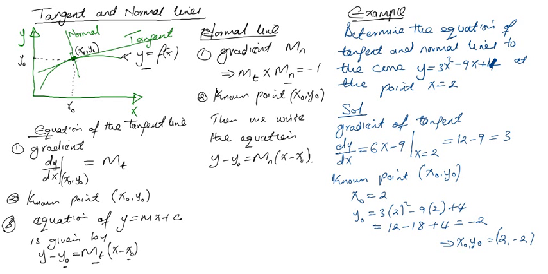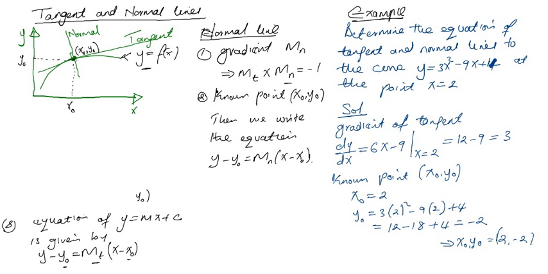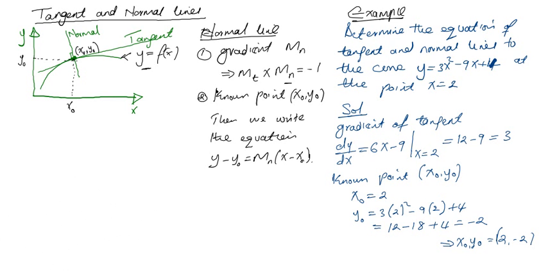Okay, now the equation of the straight line. I want to erase this part so that we can work it out. So now the equation is given by y minus y naught equals the gradient of the tangent times x minus x naught.